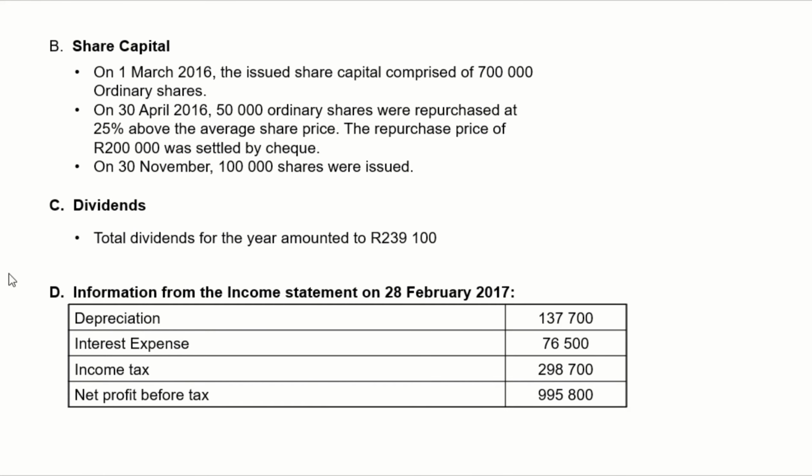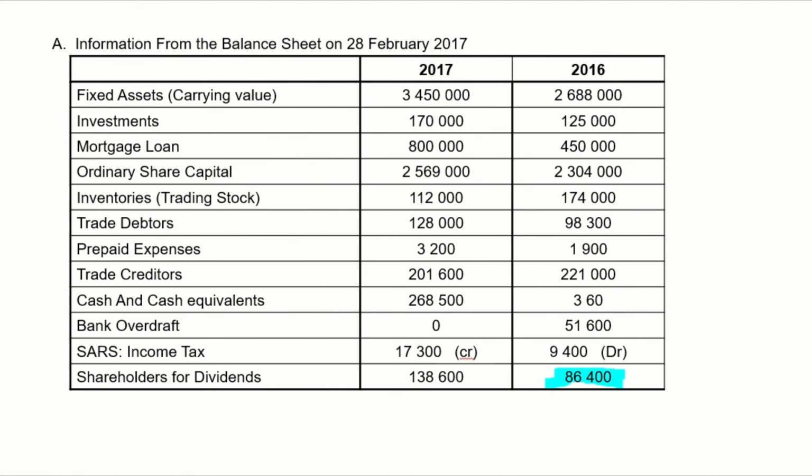So now on the information, they say that total dividends for the year amounted to 239,100. Okay. Now, here's the tricky part. We must actually calculate for this year's interim dividends. Okay. So now, how do we do that? On information A, we notice that they gave us the shareholders for dividends for this year too.